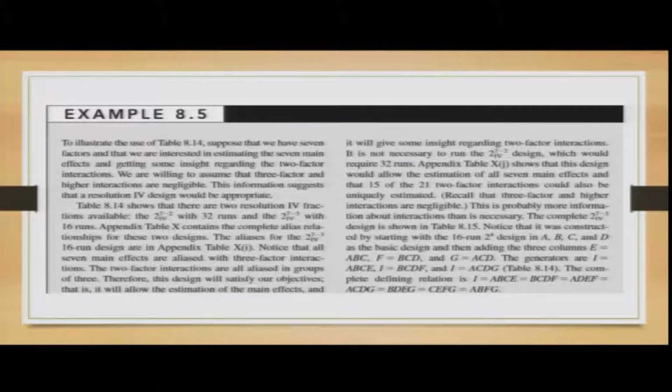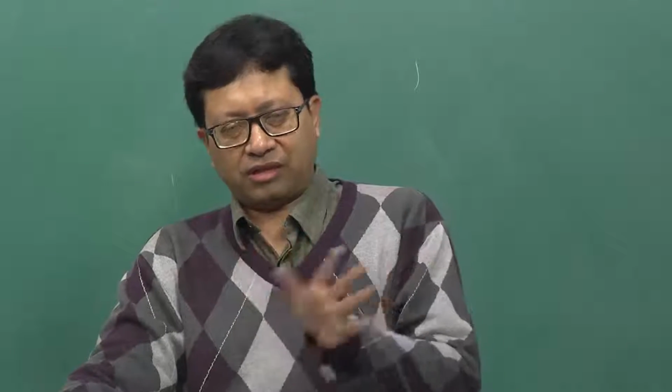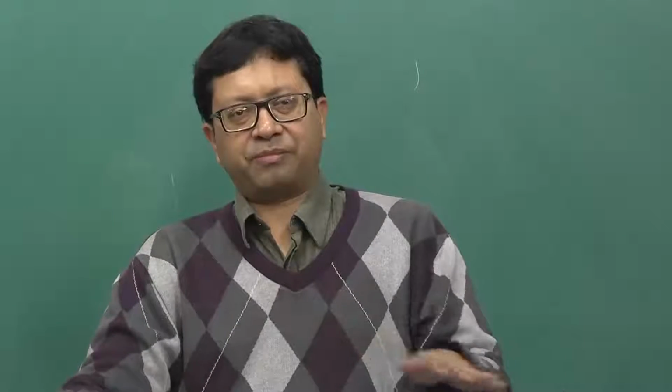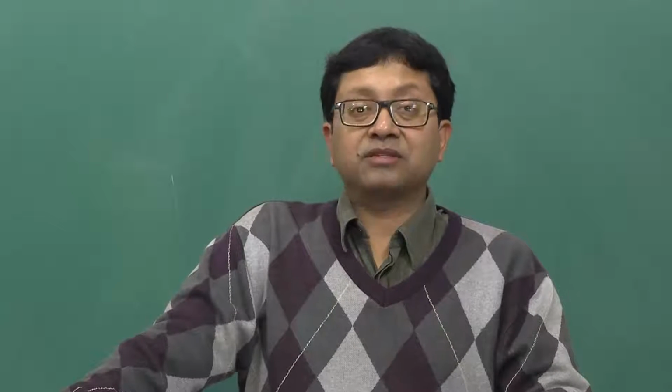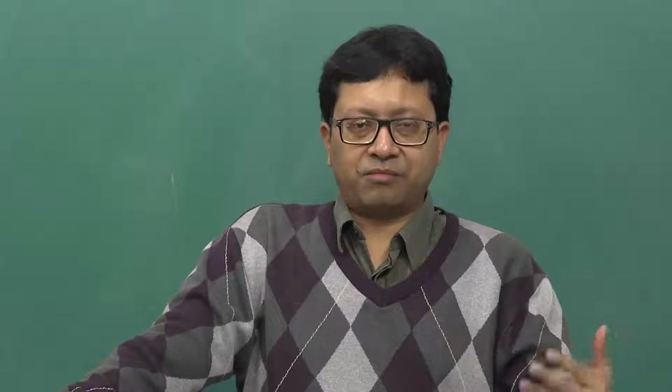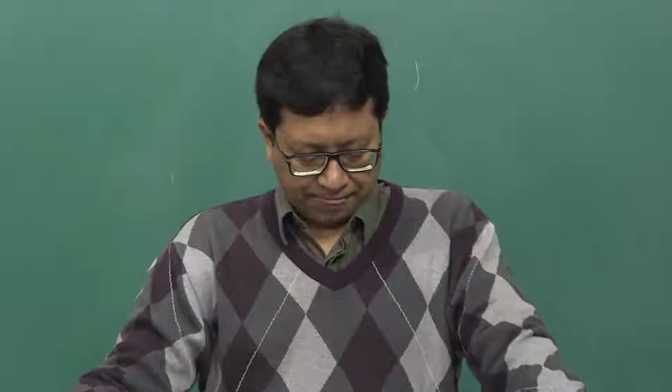Therefore, the design will satisfy our objectives, that is, it will allow the estimation of the main effects, the secondary effects, the tertiary effects, and obviously as you combine them, the combined effect may decrease, but we will keep it maximum to a certain level. Level means the combination such that we get the maximum effect or the maximum relationship which is coming out.